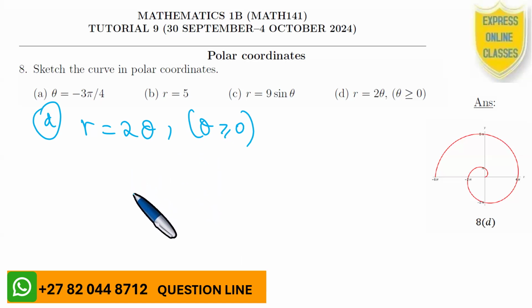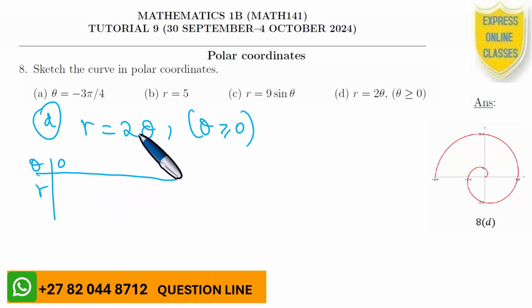So now, whenever there is theta and then there is r, let us deal with theta equals 0. 2 times 0 is 0. Let us deal with theta equals pi over 2. You multiply by 2, it becomes pi. Theta equals pi, you multiply by 2 is 2 pi.